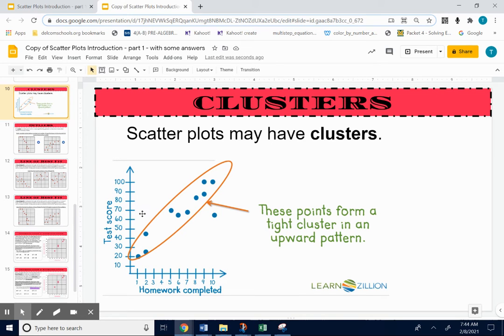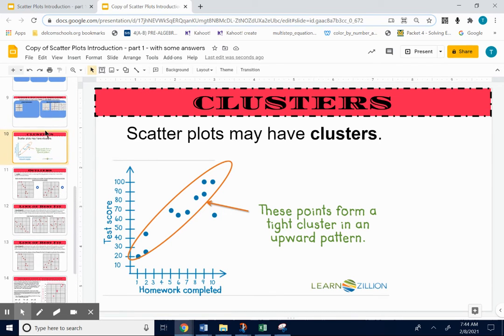But this other point that's away from the clustered points, that's called an outlier. I didn't have that on a slide, but the clustered points are the cluster, and this extra point that's away from the cluster is called an outlier.